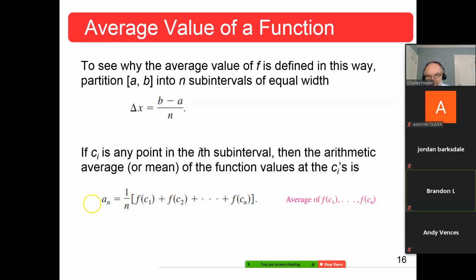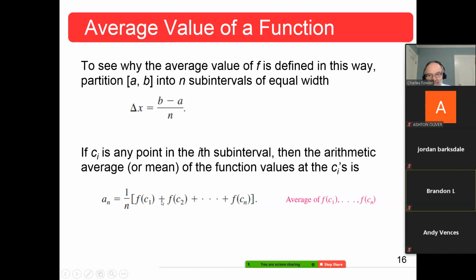I wish they didn't use little a here, because we use little a for the endpoint, but they're using it for the mean. I wish they'd have used something else like m. That would be 1 over n times the sum of all those f of c sub i's. That would be the average value, the arithmetic average.